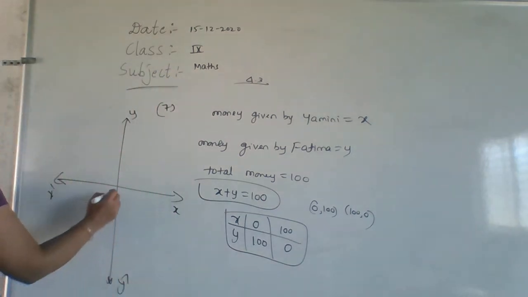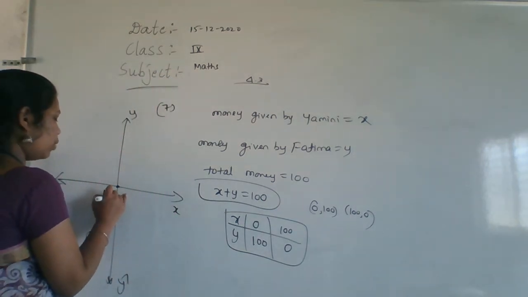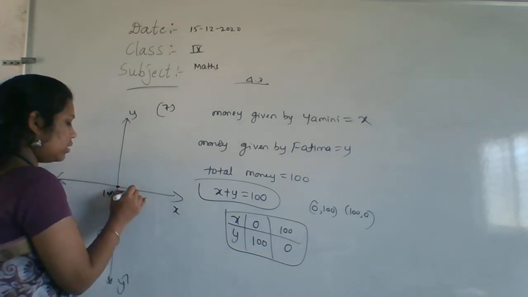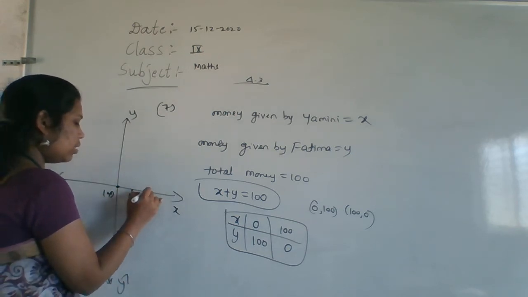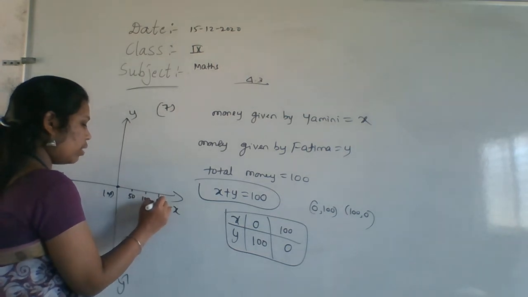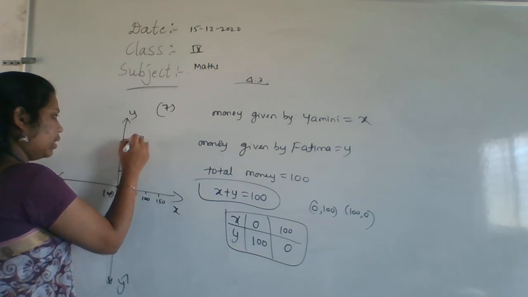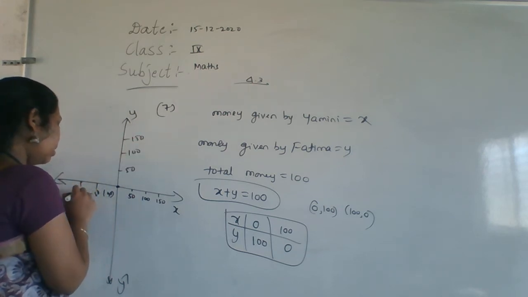Right? So here take the units. This is 0, 0. For each unit, don't take 1, 2, 3 like that. This is 50, and here 100, and here 150. And here also 50, 100, 150. This is minus 50, minus 100, minus 150.